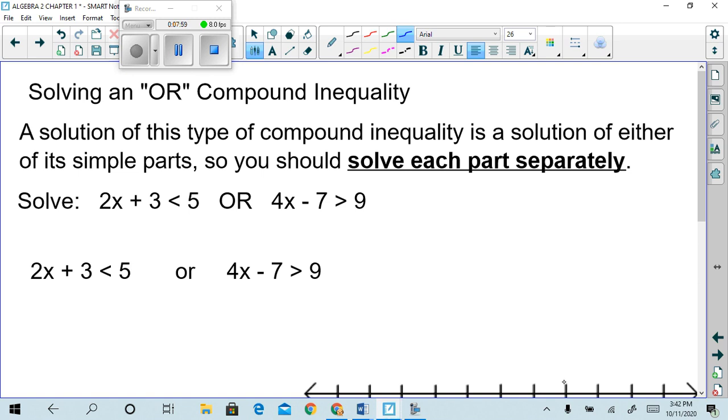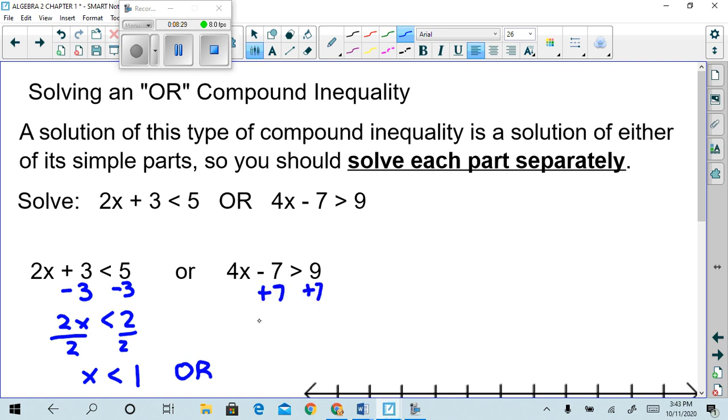And the solution of this type will answer them separately. So I have 2x plus 3 is less than 5, or 4x minus 7 is greater than 9. Once again, let's use some inverse operations. I get x is less than 1. And then I have that OR, because I'm looking at 2 parts. I'm going to add 7 to both sides. And I'll divide by 4. And I get x is greater than 4.